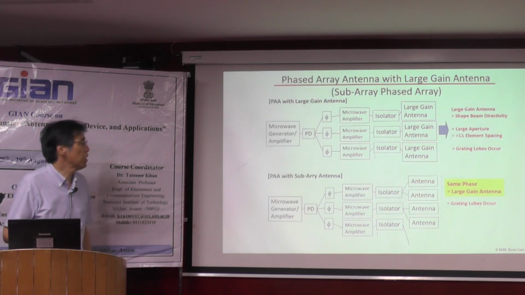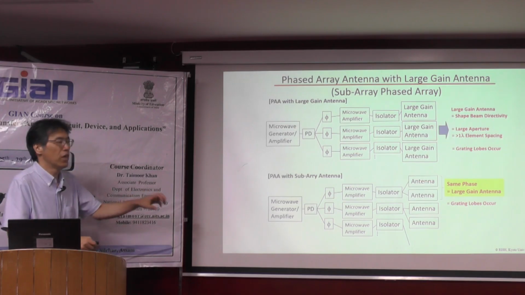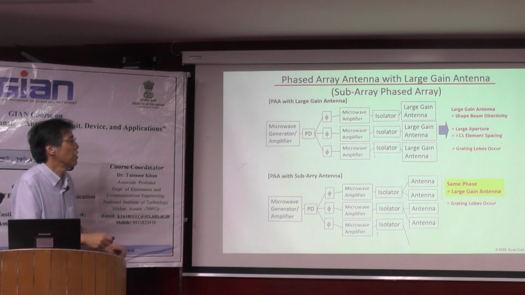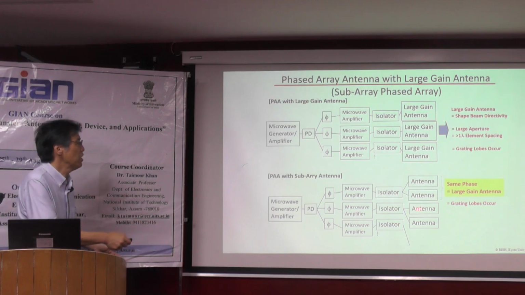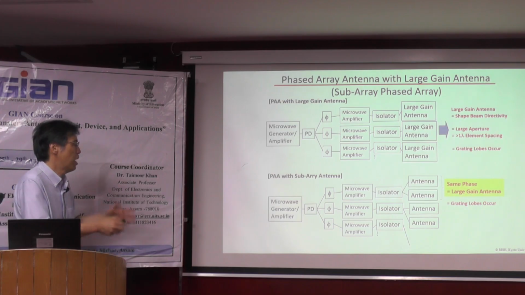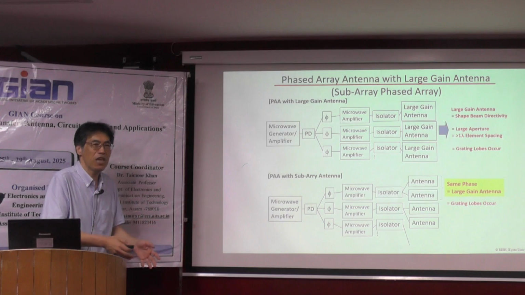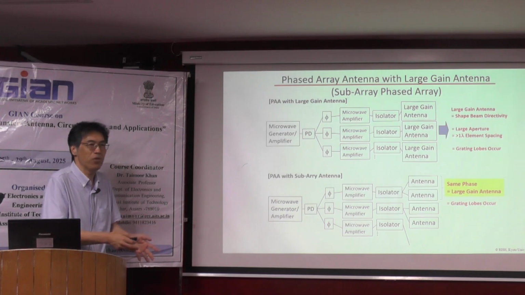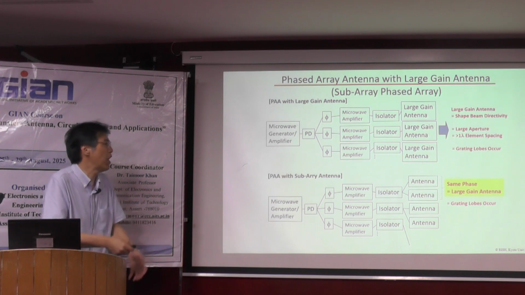In this case, we can put small antennas with small antenna spacing. But then each antenna propagates large power, and we should use a larger antenna size because each antenna produces much power.